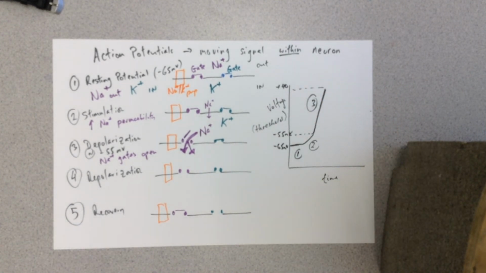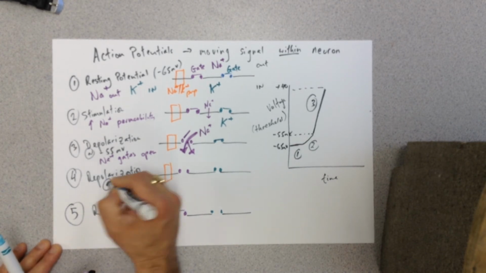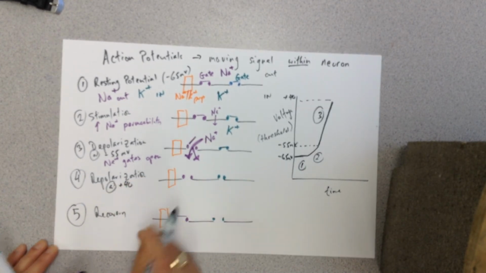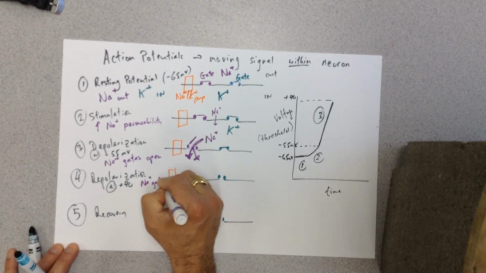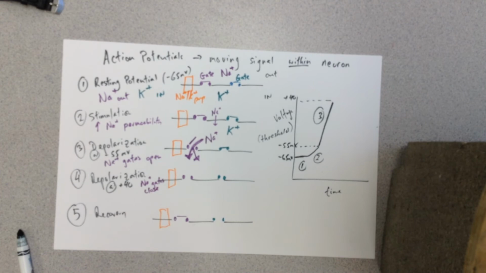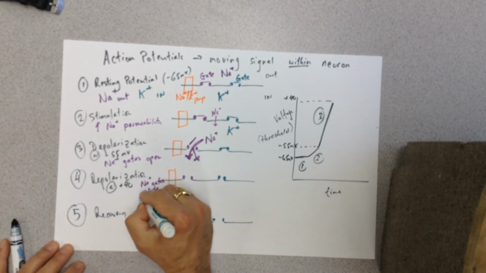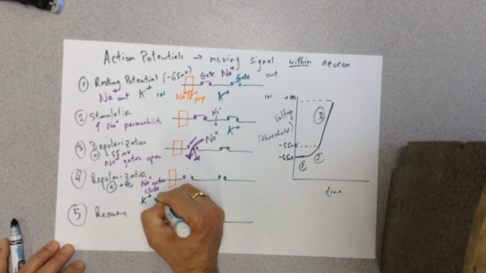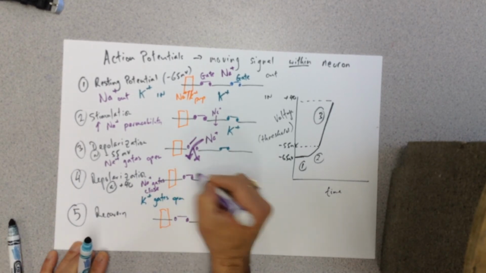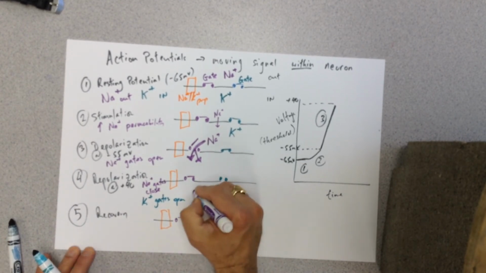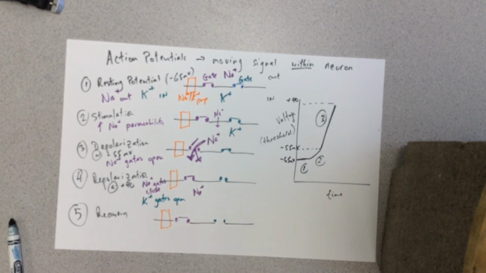We dumped a whole bunch of sodium into the neuron. At plus 40, the sodium gates close, and a new set of gates, the potassium gates, open. So now we have a closed sodium gate, and we have sodium on the inside where it wasn't before.